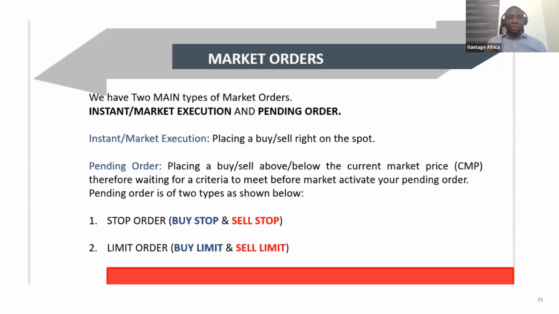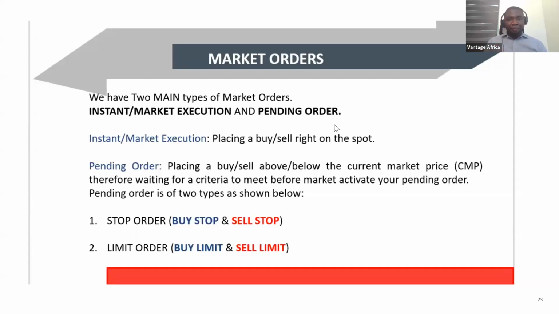Therefore, limit order as well. The keywords here are buy and sell. So when you want to place a buy trade, your goal is a buy trade, but you're using a pending order called a limit order. Then for the sell too, you're looking to make a sell trade, but using a pending order called a limit order.